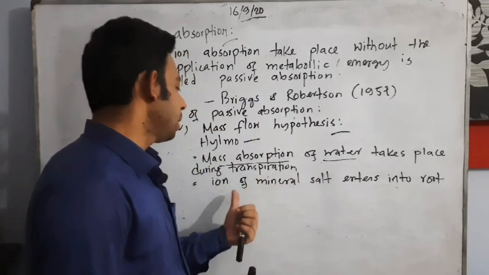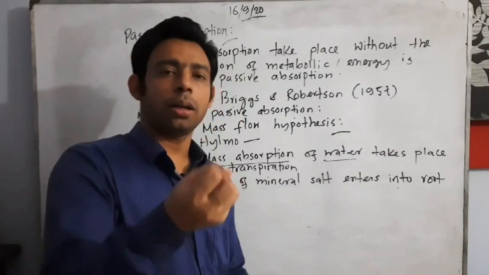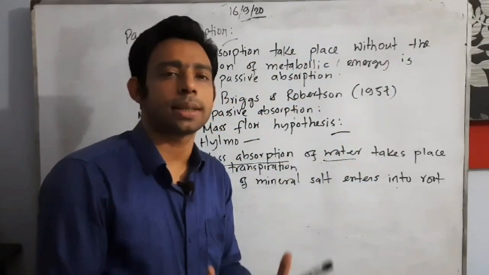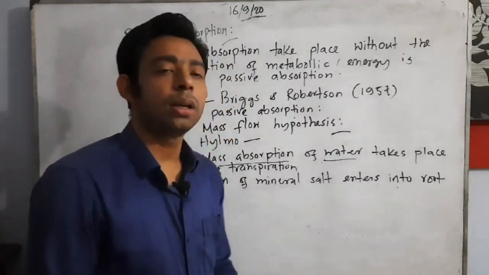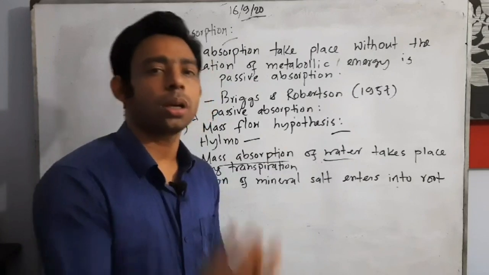So what we see is that ions of mineral salt enter into the roots. Absorption done, transpiration gone. Because of the pull of the transpiration, they need to get some ions and mineral salt in their body, the plant body. So at that time they take up the ions of mineral salt through the root.